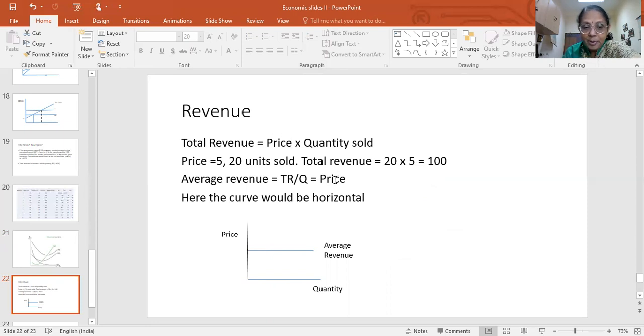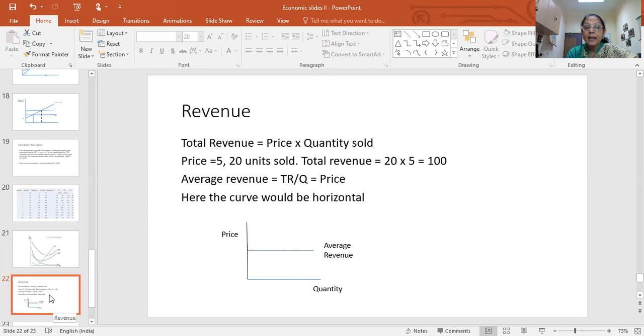Okay, so that is price. Now, if average revenue is equal to price, and the price is always going to remain the same, whatever the quantity that we want to sell, then your average revenue curve is going to look like this, horizontal.